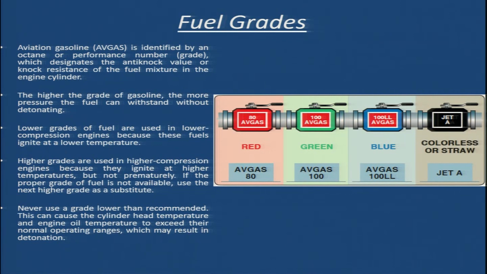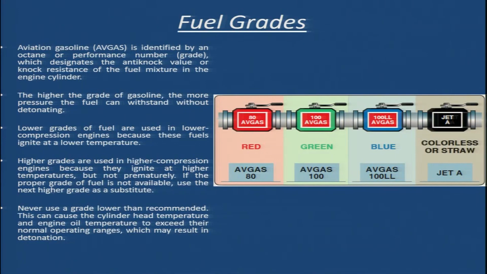Never use a grade lower than recommended. This can cause the cylinder head temperature and engine oil temperature to exceed the normal operating ranges, which may result in detonation. So, a fuel of a higher grade can be used, but a fuel of a lower grade cannot be used.